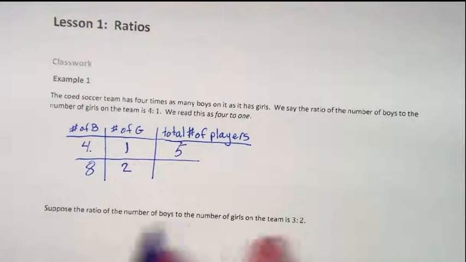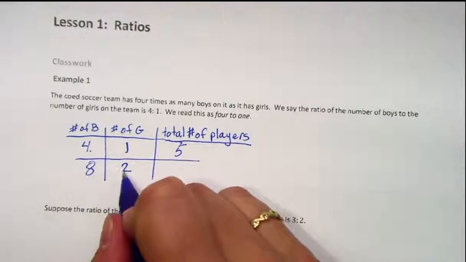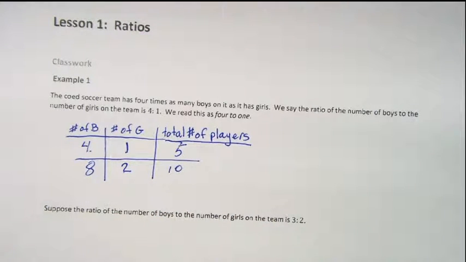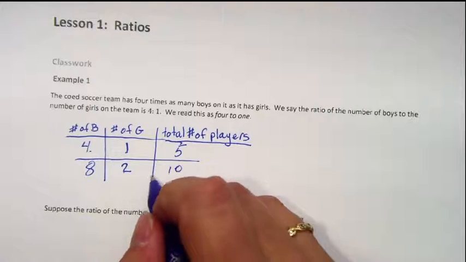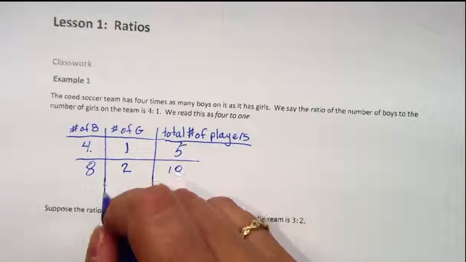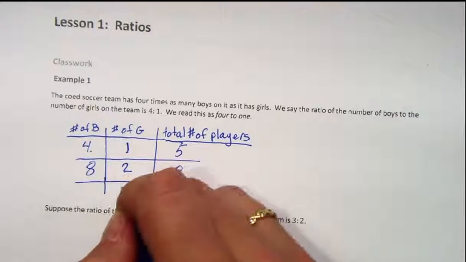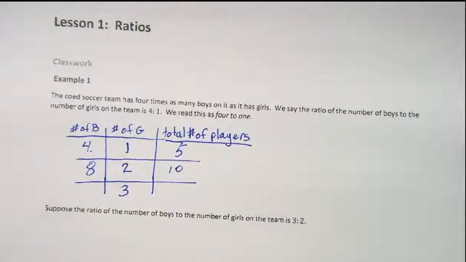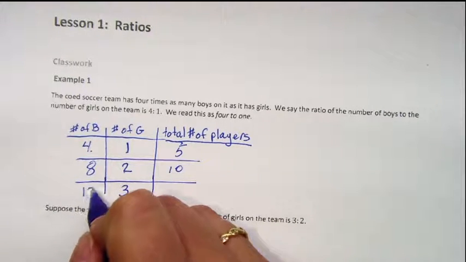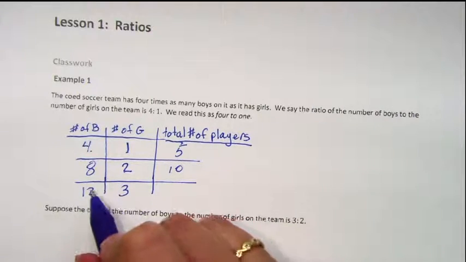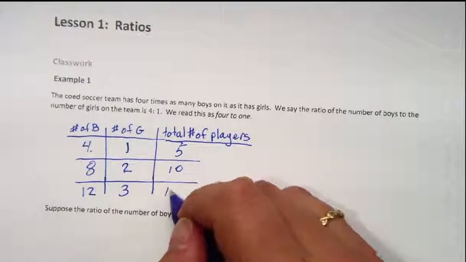And the total number of players, 8 plus 2 is 10. Some teams have more than 10 players on it. If we wanted to keep the same ratio, if there were 3 girls on the team, 4 times 3 is 12. And the total number of players, 12 plus 3, is 15.